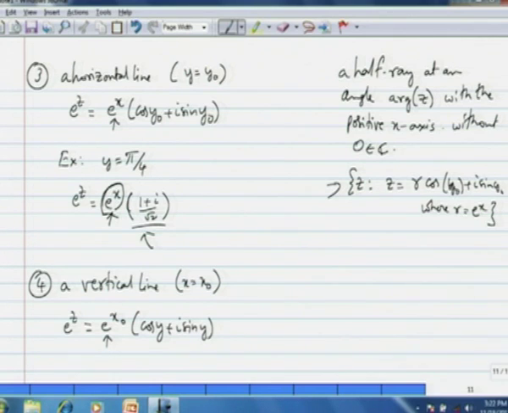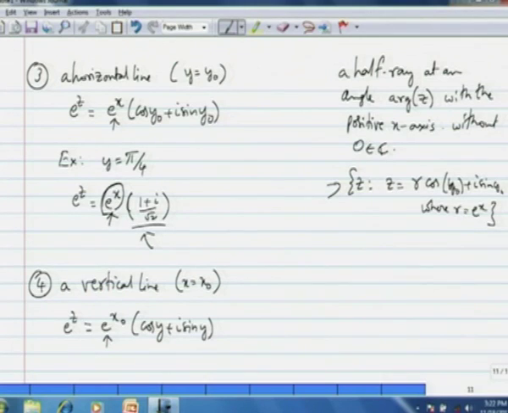And as we already discussed, the point (cosine y, sin y) in R2 is on the unit circle. So, the point e power x naught times a point on the unit circle is essentially the expansion or the contraction of the unit circle, depending upon whether e power x naught is greater than 1 or less than 1.